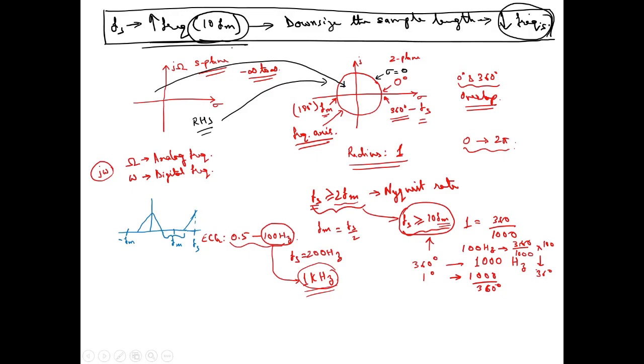Such a system, where there are two or more sampling frequencies and we use those signals for processing, is regarded as multi-rate DSP, because we are having multiple sampling rates.